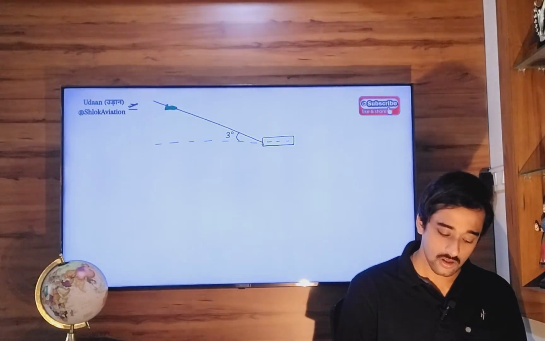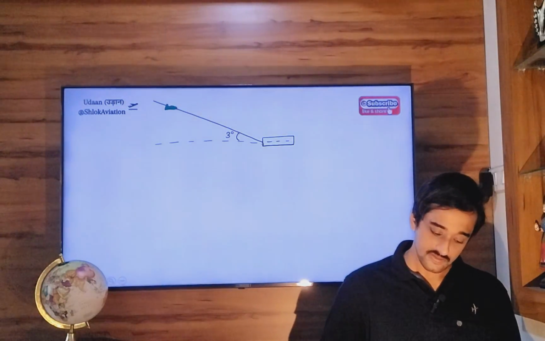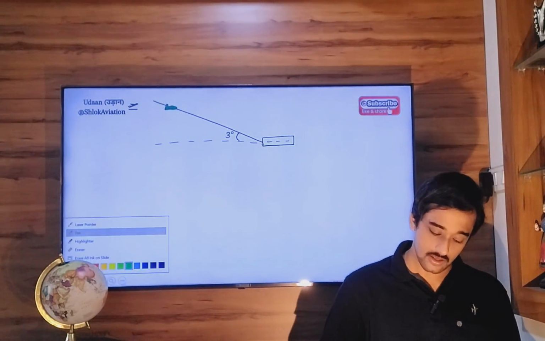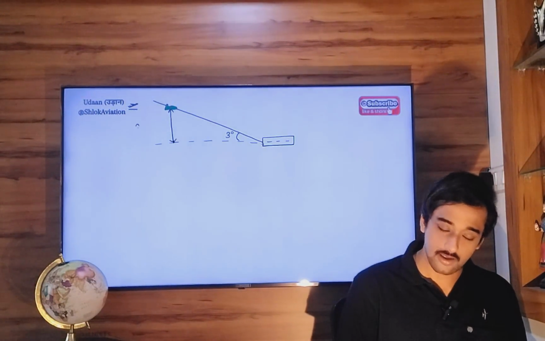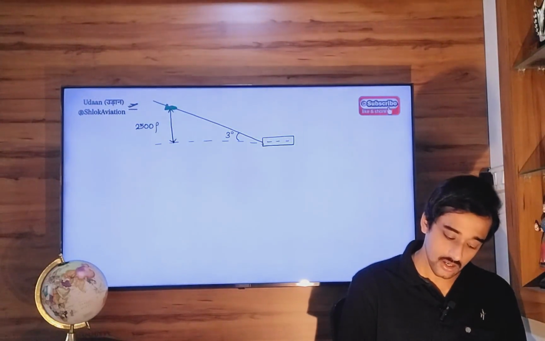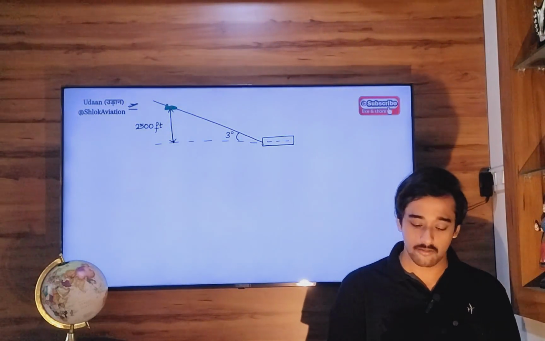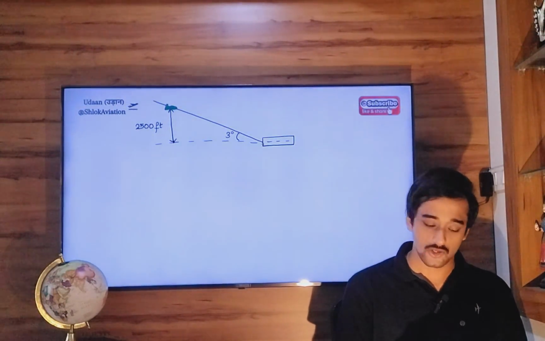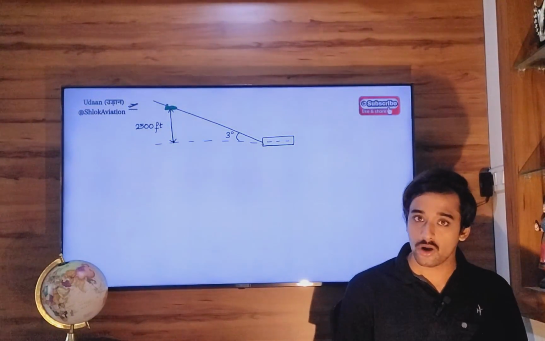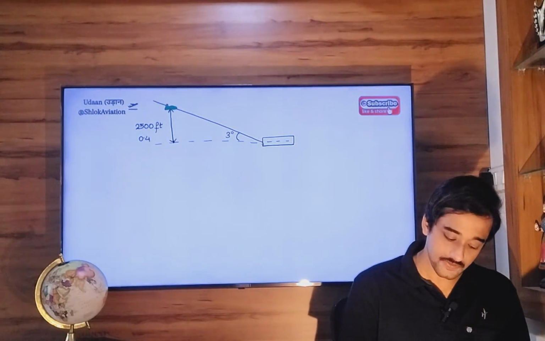Your aircraft is at a height of 2500 feet. So this is 2500 feet vertical distance. Now 2500 feet is equal to 2500 divided by 6000, approximately 0.4 nautical miles.